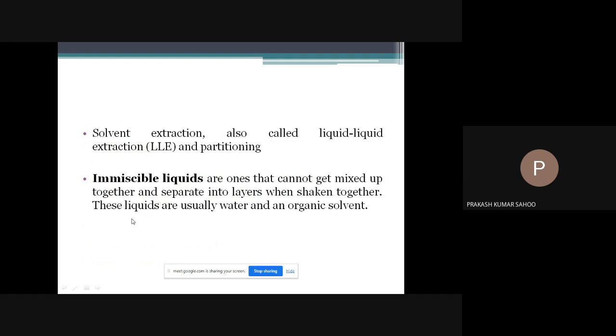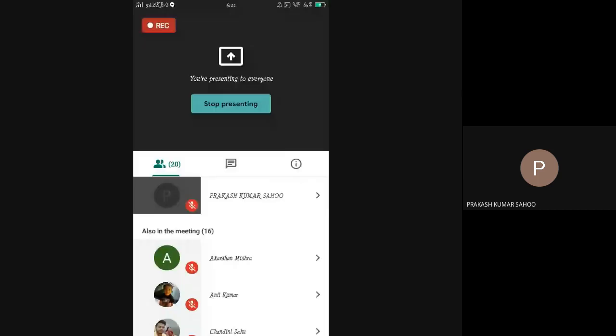Then what is solvent extraction? Solvent extraction is also called liquid extraction, or in chemical terms, partitioning. It creates a boundary between two different medium solvents, like aqueous and organic medium, which are separated through their difference in densities.